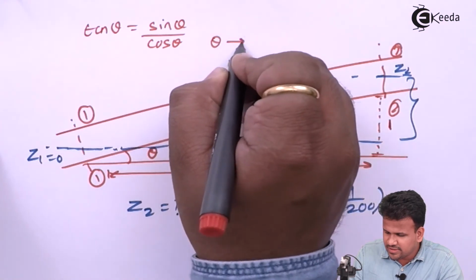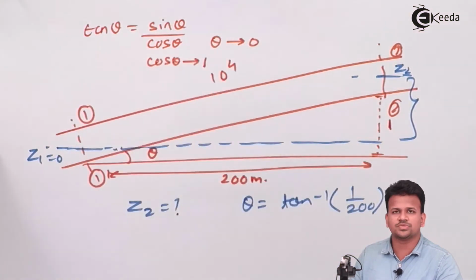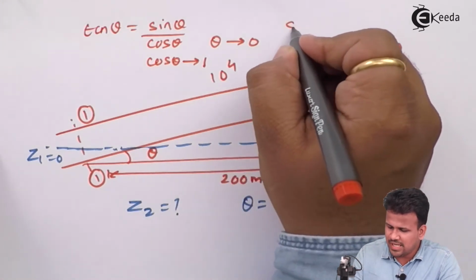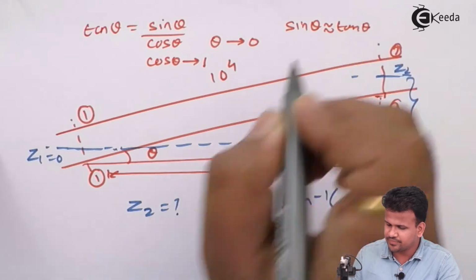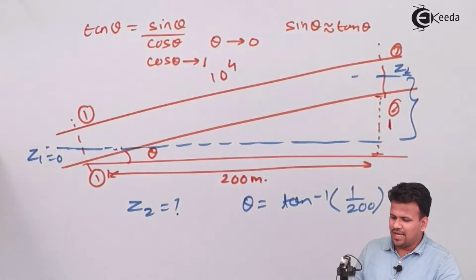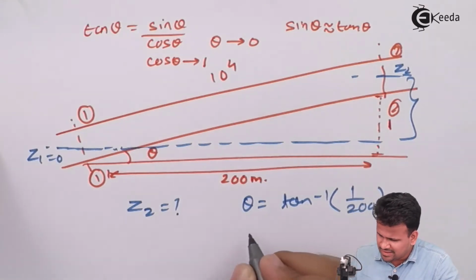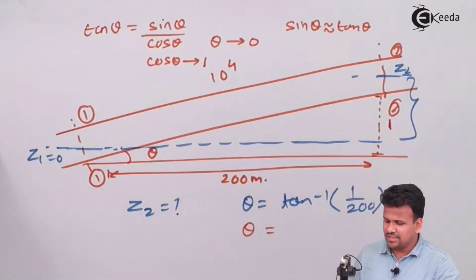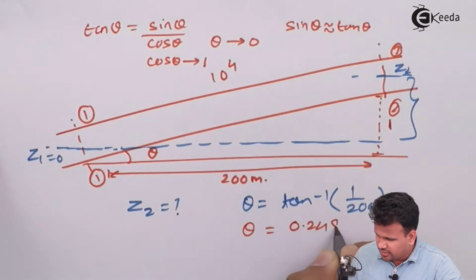If theta tends to 0, cos theta tends to 1, so sine theta is almost equal to tan theta. But still we will calculate the value of theta, that is tan inverse of 1 in 200, which comes out to be 0.248.